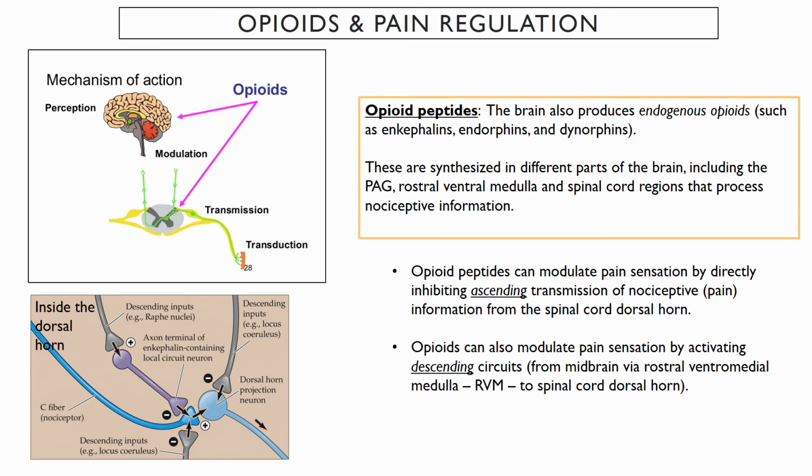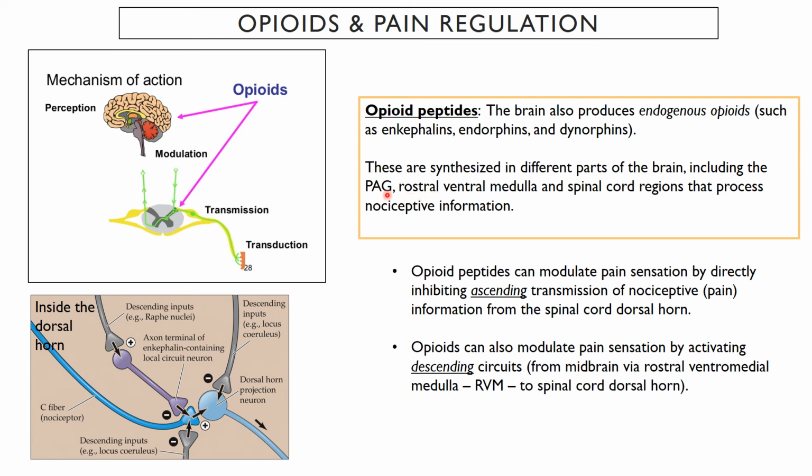So a little bit more about these opiate peptides. The way this works is that the brain produces these endogenous opioids. Some examples of these are the enkephalins, endorphins, and dynorphins. They are released from neurons. They get transported down neurons and then released from the axons onto brain areas that have opiate receptors.